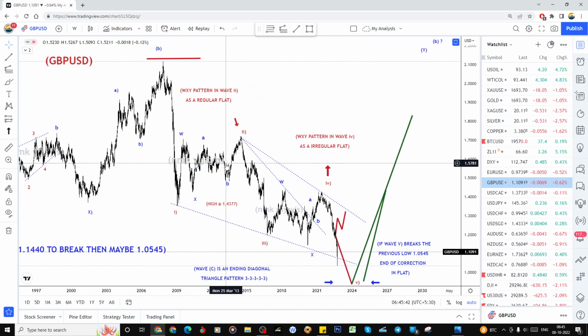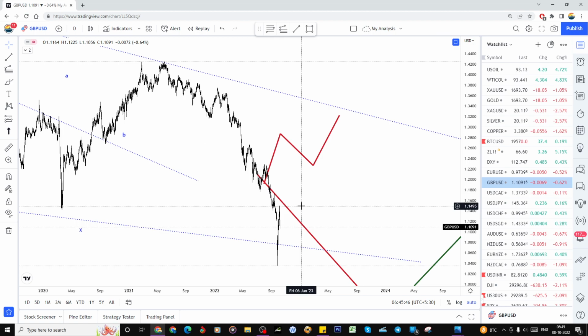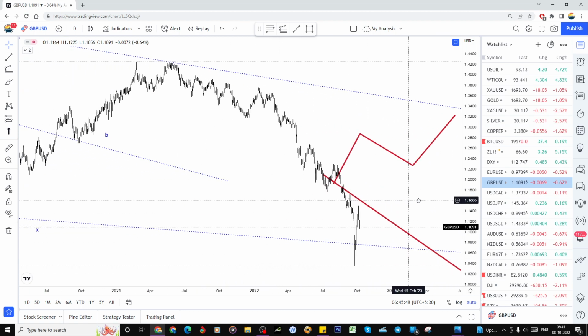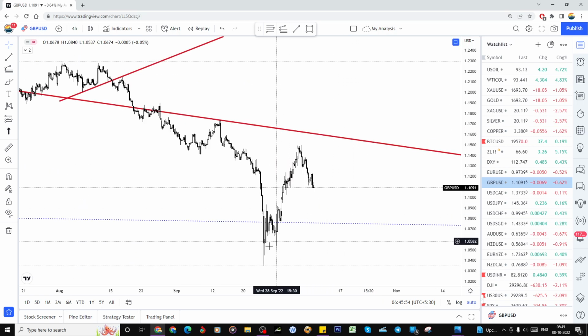It immediately bounced nearly 1200 pips. It could be a V reversal also. In the 4-hour time chart, it's looking like a three-wave structure here.